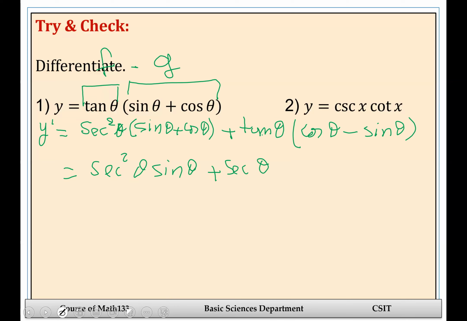And then tan times cosine, that will give sine theta. And minus tan multiplied by sine, that will give minus secant theta times sine square theta, because tan is sine over cosine. Okay, so we see here if we have some simplification, if not, we will keep the result like that.